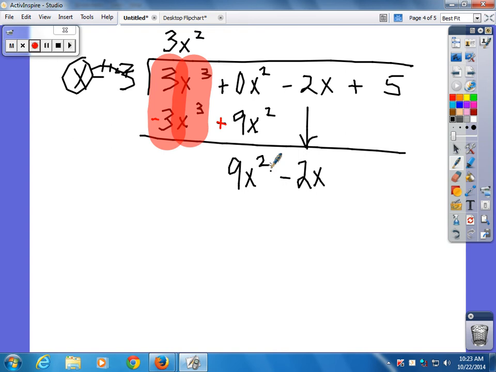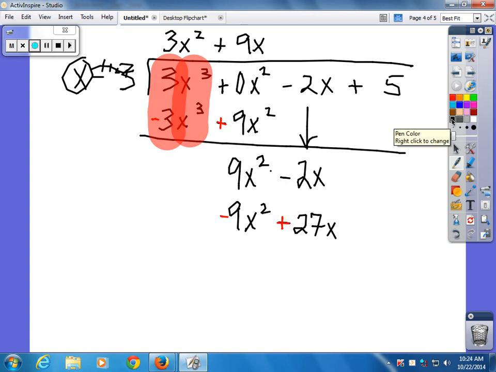And how many times will x go into 9x squared? 9x times x is 9x squared. And what's 9x times negative 3? Then we take our red marker, and I put a little negative here and a little positive there.